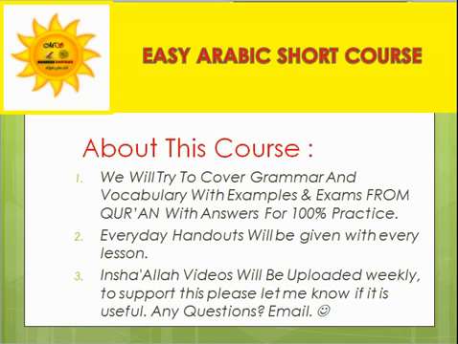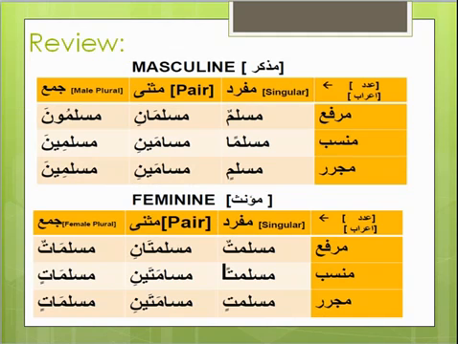Today we are going to do a completely different topic. And before we go, I want you to remember this chart. You do remember this was the Muslim chart and the Muslimat chart. Have a look: the Muslimun, the Musliman, the Muslimin, the Muslimani, the Muslimaini, Muslimuna, Muslimina, and the rest.